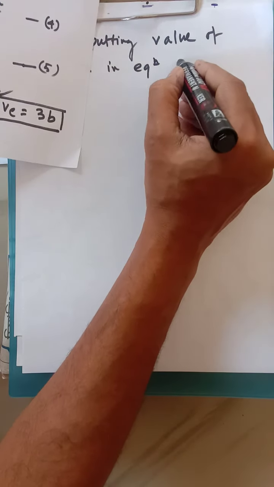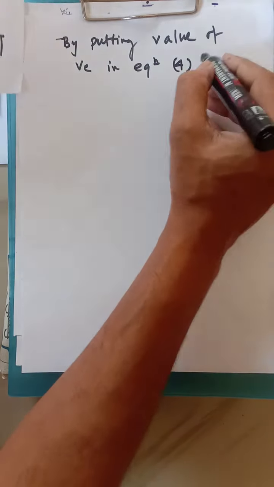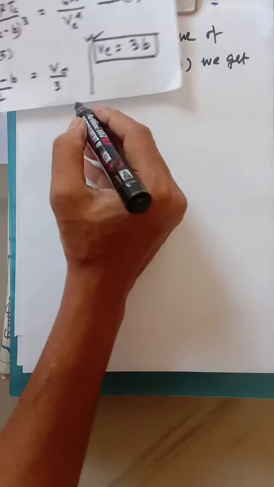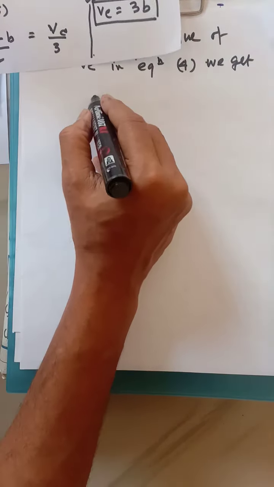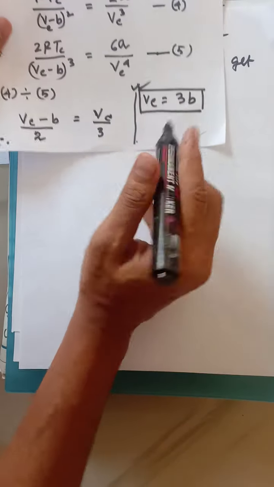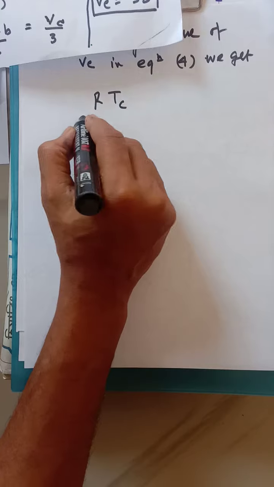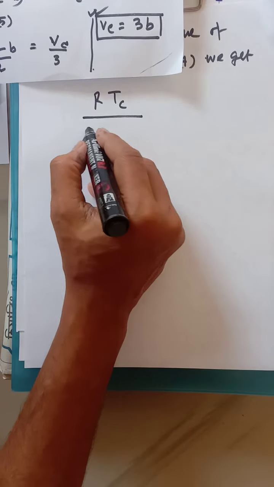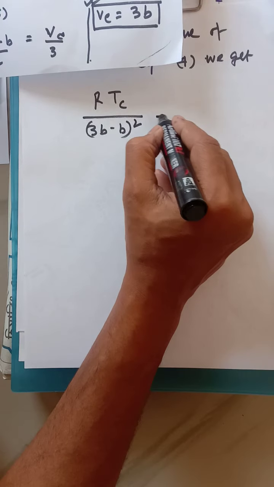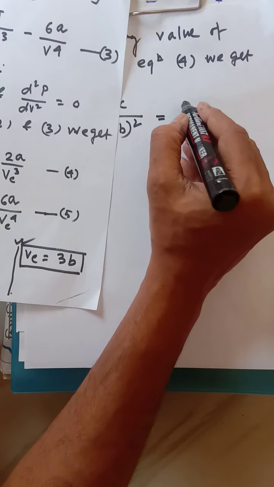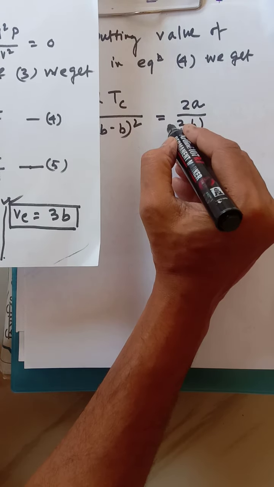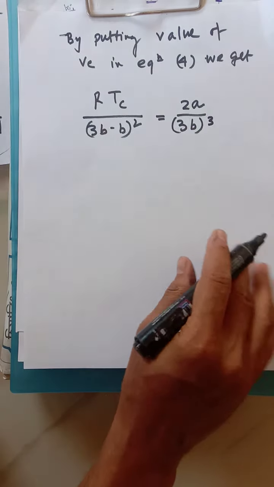Equation number 4 is RTC divided by 3B minus B whole square equal to 2A by 3B whole cube.